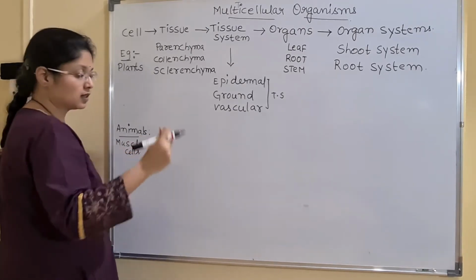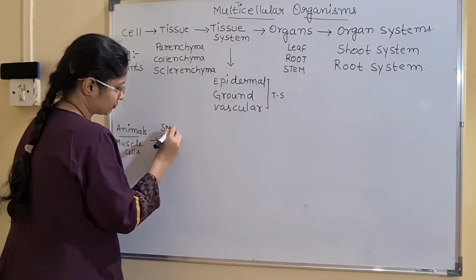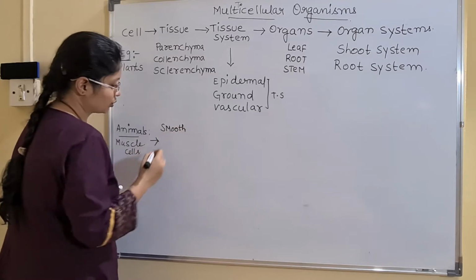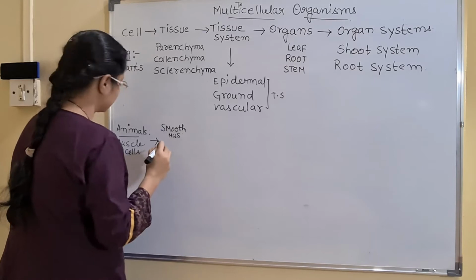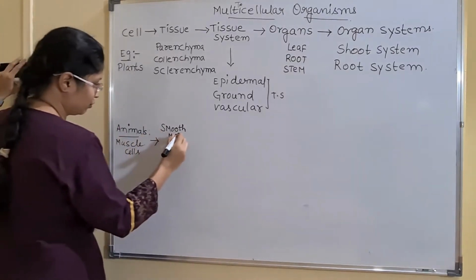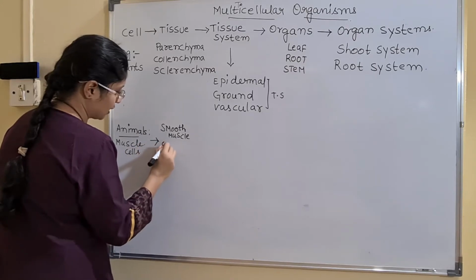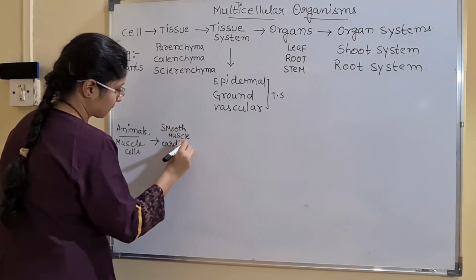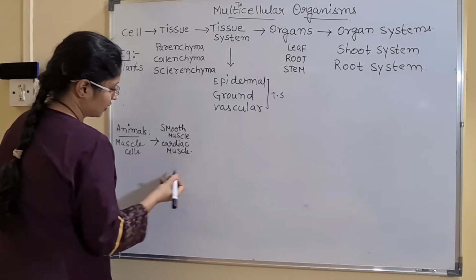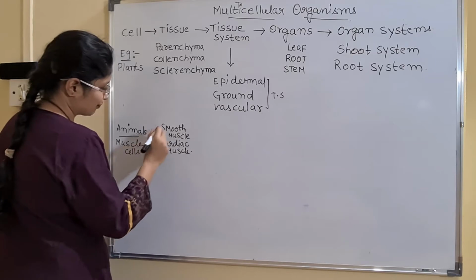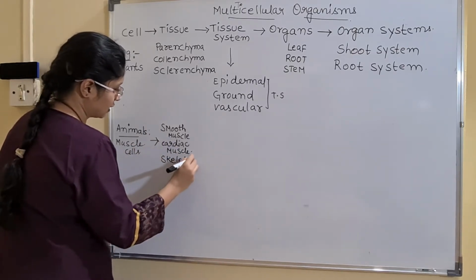Muscle cells gather, they come together to form tissues like smooth muscle tissue. We have another tissue, cardiac muscle, and we have skeletal muscle.